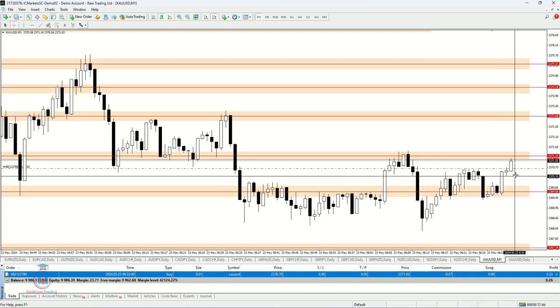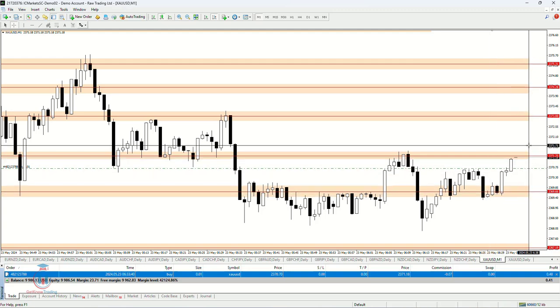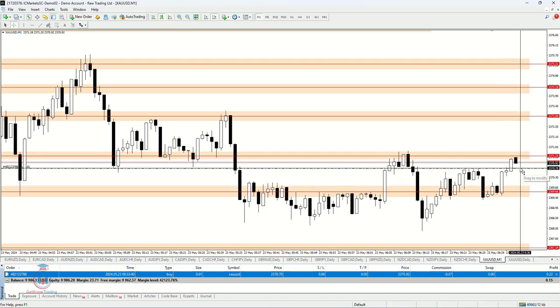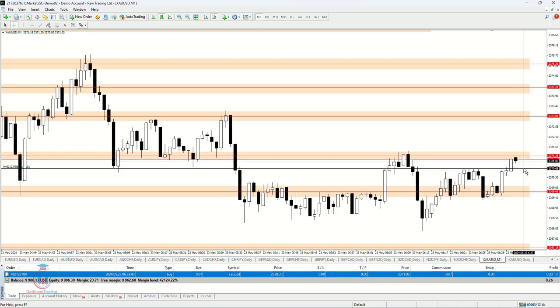A buy order can also have a stop loss and a take profit. Stop loss means an amount of money that you are expecting to lose on this trade. If you open an order at this current market price and the price goes against you, you will be in loss.